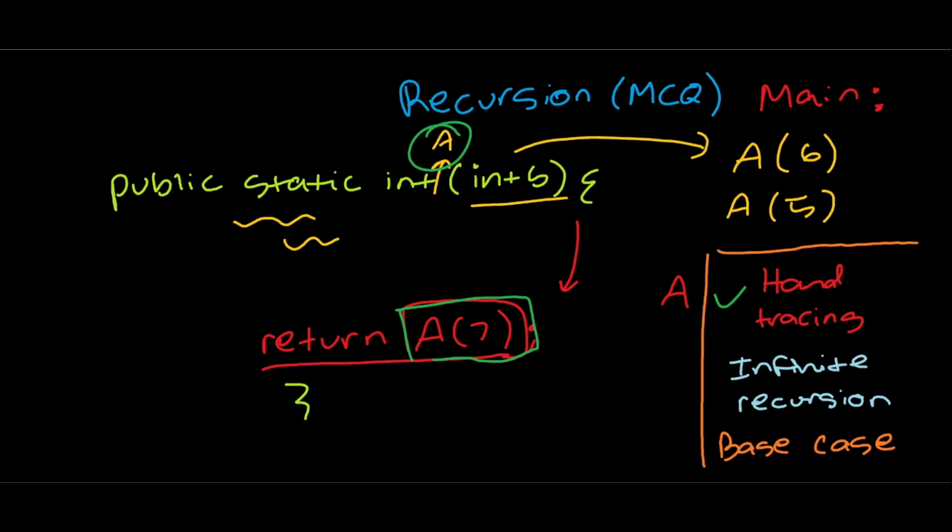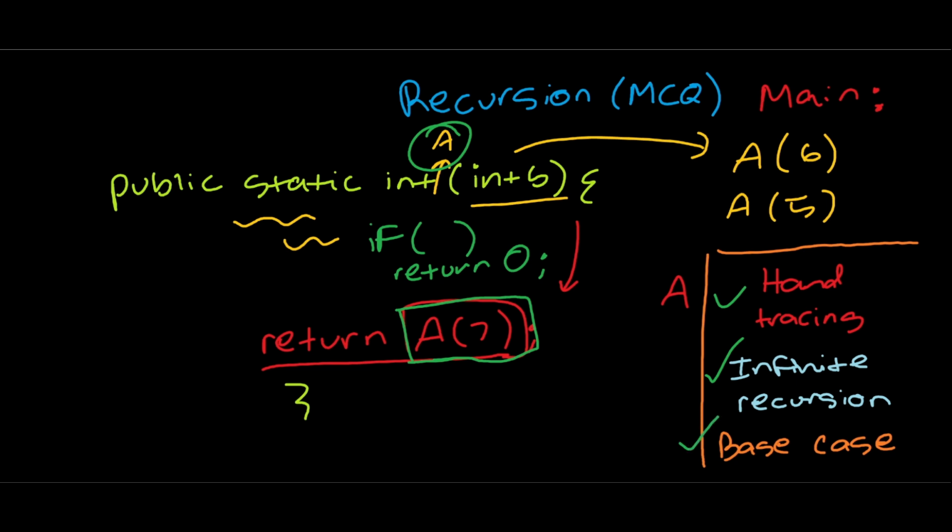That would be infinite recursion if the method just never stops calling itself. It will just go on and on forever. The base case is what's going to stop this infinite recursion from happening. So the base case could say, if something here is true, then let's return maybe 0 instead of this method being called again.